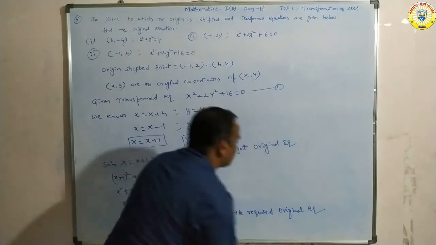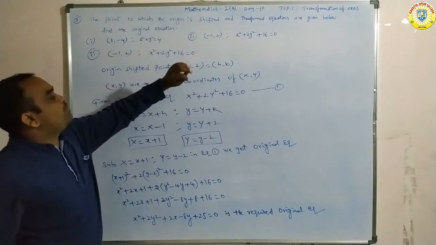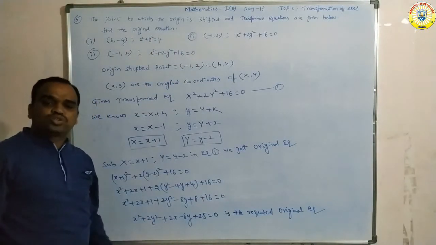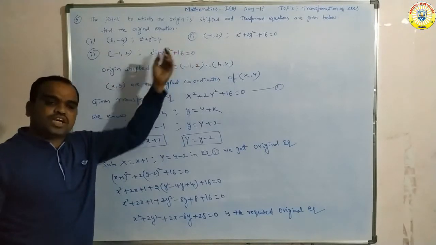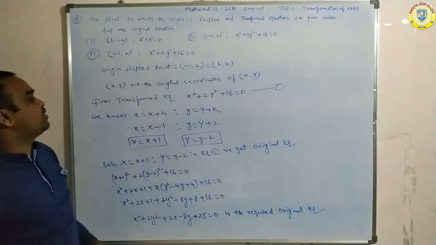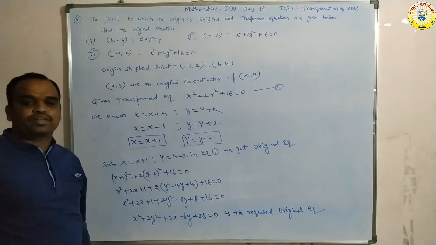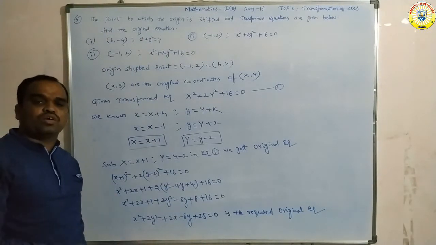Here what I am observing is that our equation is a transformed equation, but in our question capital X, capital Y is not given. So we have just taken it as the transformed equation and used capital X, capital Y. This is the indication: in our question, what is given, the transformed equation or the original equation?